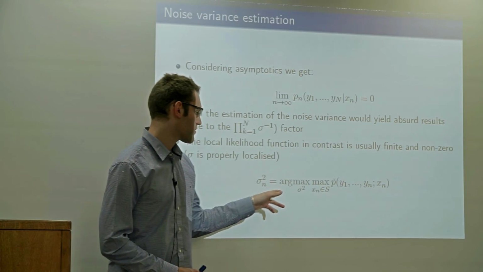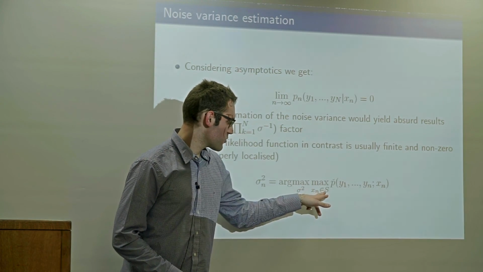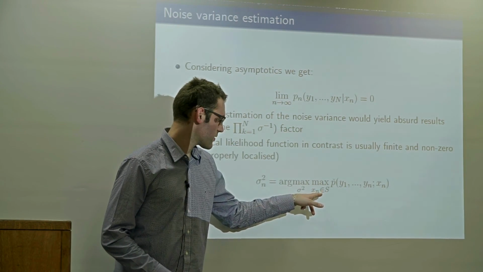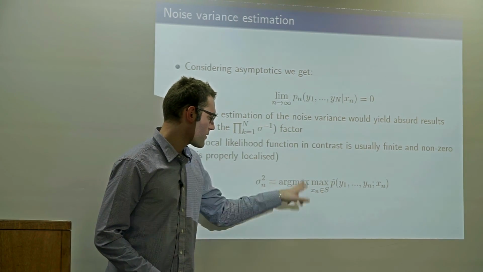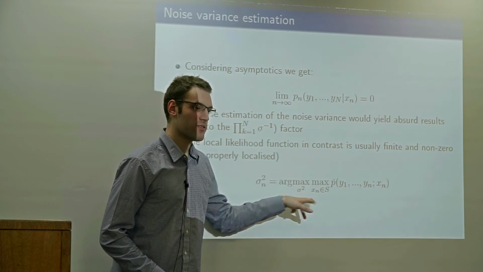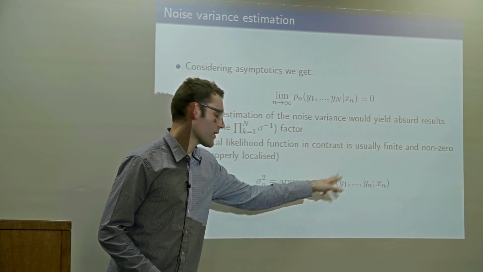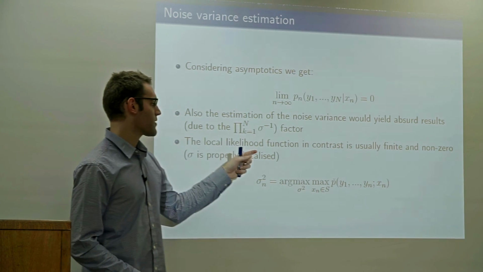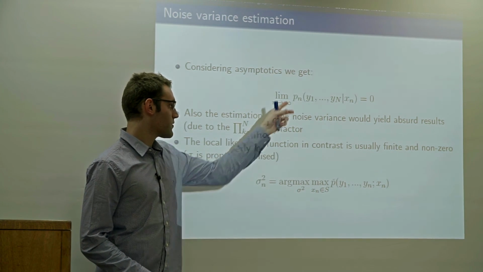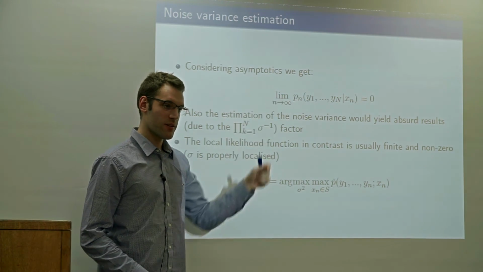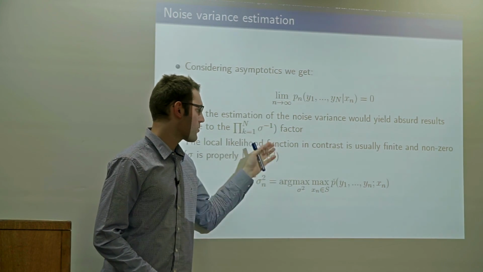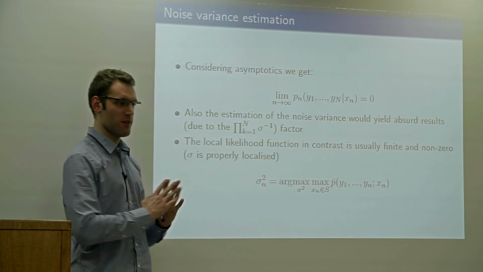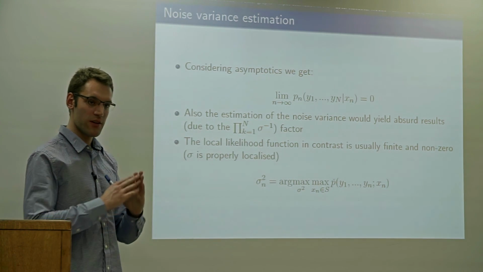So the noise variance is just, we take the maximum of this function with respect to the local state at point n, and then we take the argmax, the variance maximizing the local likelihood function. In contrast to the other likelihood function, in the asymptotics the local likelihood function is still finite and non-zero, so sigma is also localized and not only the state.